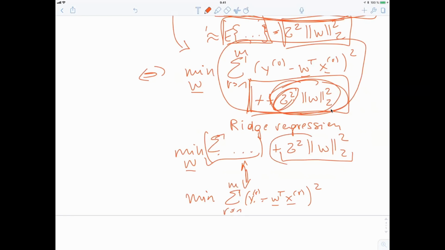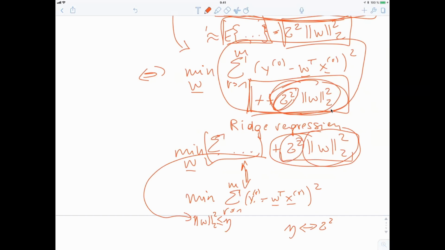And this penalty term in the objective function becomes a constraint: the norm of w squared is smaller or equal than some number eta, and eta is related to sigma squared. It's not a very trivial relation in general, but you can work out for a given sigma squared what would be the eta and vice versa.